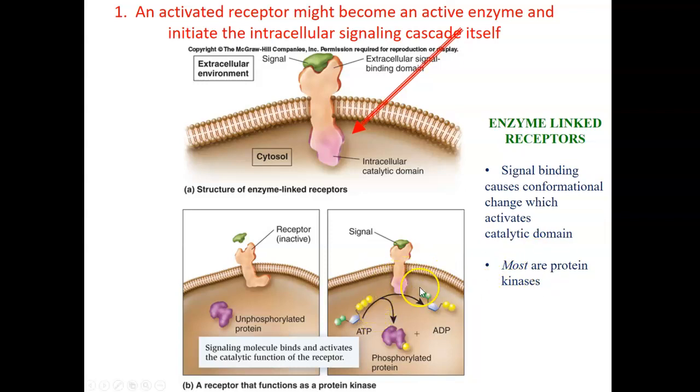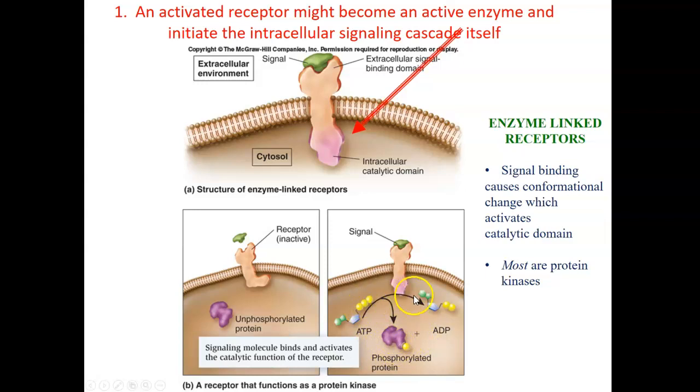That indicates that something got phosphorylated. So what you can see here is we've got a target protein. This is an inactive, unphosphorylated protein. Usually it's inactive. And upon binding of the extracellular ligand and the conformational change, the catalytic domain of our cell surface receptor is going to result in the phosphorylation of this downstream target protein.